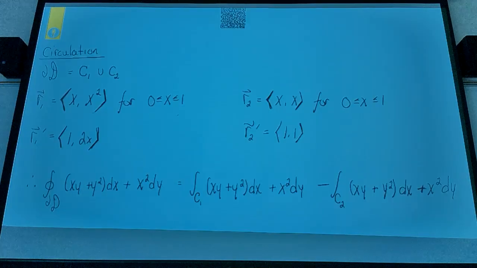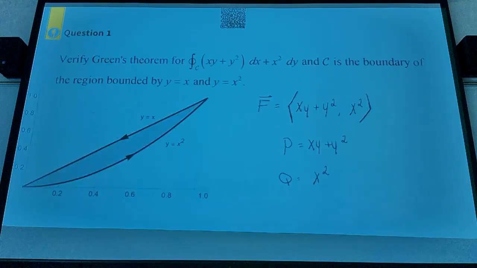Why is it minus here? Is it because of the path? What about the path? It goes different ways. The way that I parameterized the second path was in the opposite direction of the actual direction. So I'm going to subtract instead of add.